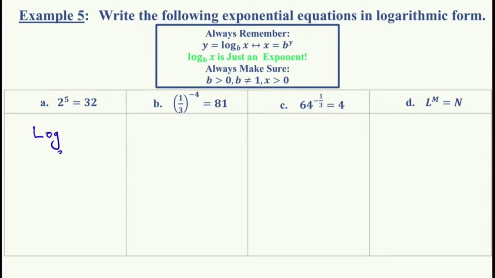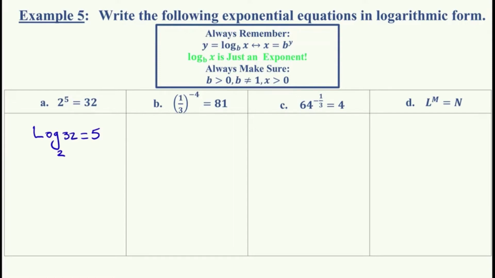So log base 2. Now let me put the equal sign, because I know the entire logarithm is going to be the exponent. So the 5 will go on this other side. And we know that the power, the whole power, which is 32, is going to be the argument.